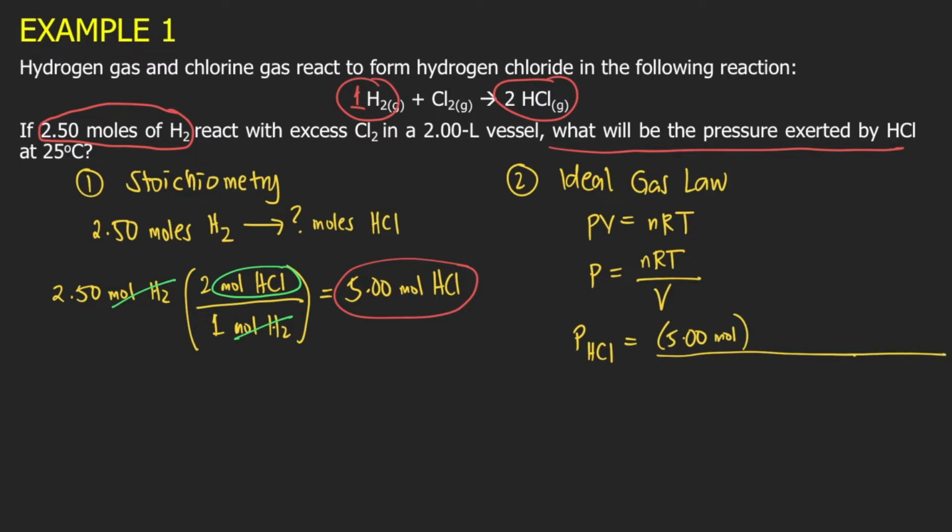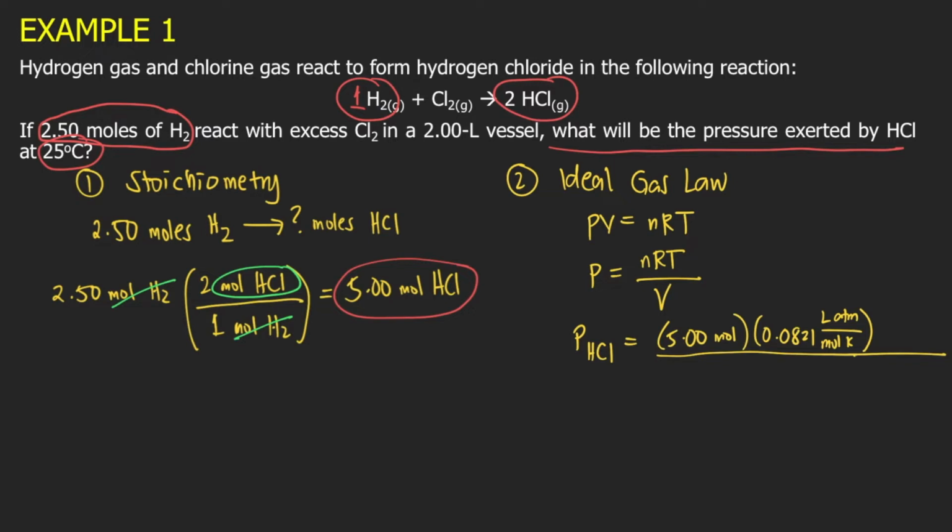We know that R is the gas constant, 0.0821 liter atmosphere per mole Kelvin. T is temperature in Kelvin. And according to the problem, if you read the last sentence, it says the temperature is 25 degrees Celsius. So we need to first convert 25 degrees Celsius into Kelvin.